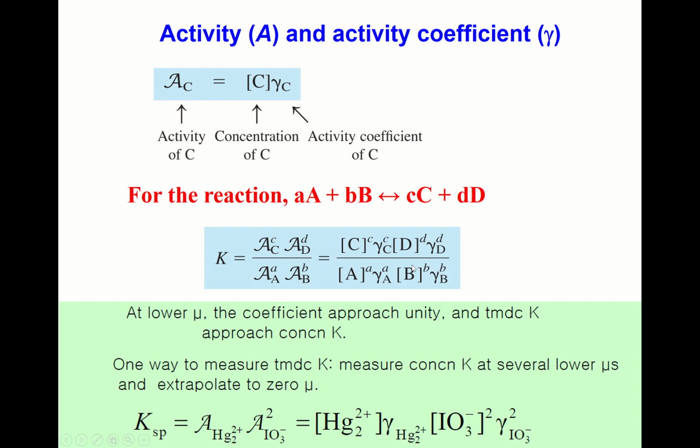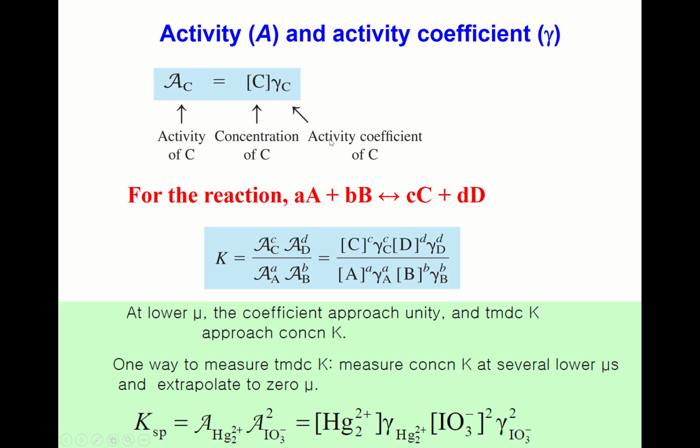Now we introduce a very important concept, which is activity and activity coefficient. Activity is defined by this equation. Activity A of species C equals molar concentration multiplied by gamma.